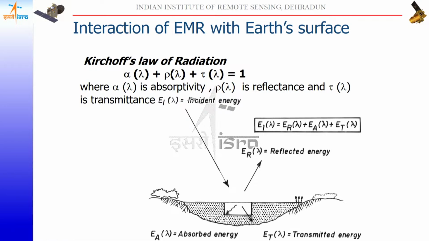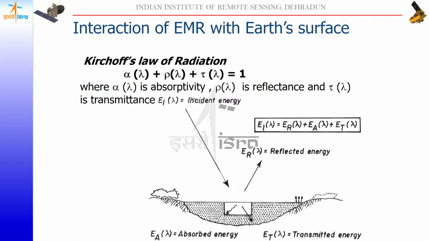Now this absorbed energy can be re-emitted by the target depending upon its emissivity, and that means temperature and wavelength. In optical remote sensing, we are talking of reflections from the object, so we are concerned with the reflected energy. In thermal remote sensing, we are concerned with the absorbed energy because it is a function of absorbed energy which will be re-emitted.